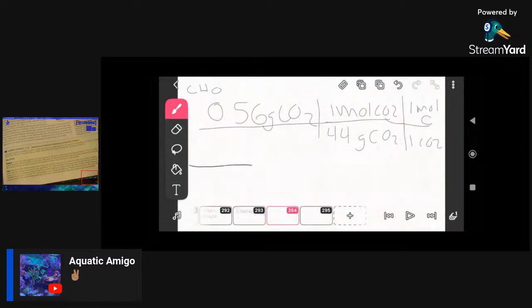I'm just going to continue on where I'm going. And then 1 mole of carbon weighs 12 grams. All right. And then 12 grams of carbon, and then that's gonna equal. Now I wish I had a calculator. My work's way too confusing over there too.